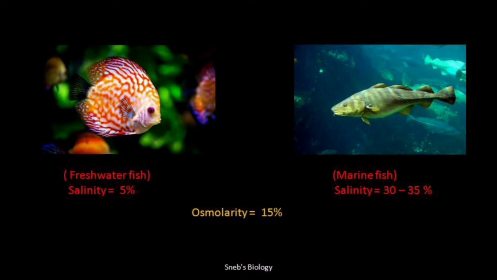And we are talking about regulators right now. So if these fishes are regulators, whether they are found in freshwater or marine conditions, they will still be able to maintain their osmolarity. So if that osmolarity is 15, that means this much ionic concentration is there in the body. Now if we are talking about this freshwater fish, what kinds of problems will this fish encounter if it has to maintain 15% concentration?